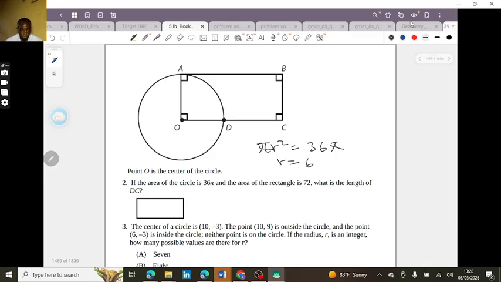What is the radius? I think we have found the radius. Look at the radius now. We have found it as 6.